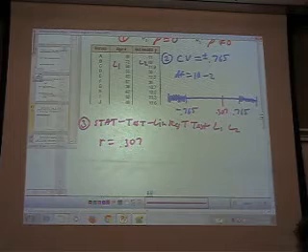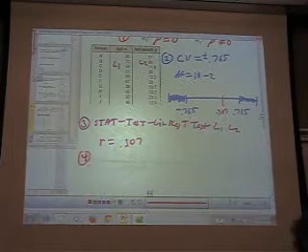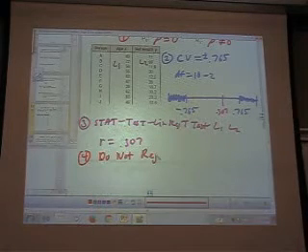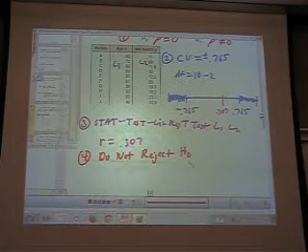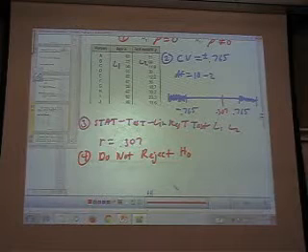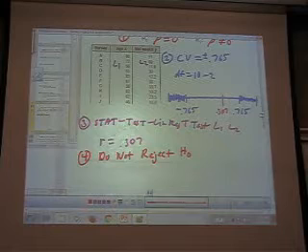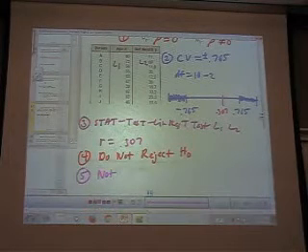Are we going to reject H naught or not reject H naught? Do not reject H naught. Don't just put do not reject. You have to put do not reject H naught. That has to be there. You'll lose a point on every hypothesis test problem if you don't put that. And then the last step: not enough evidence, because we're in this non-guilty range.